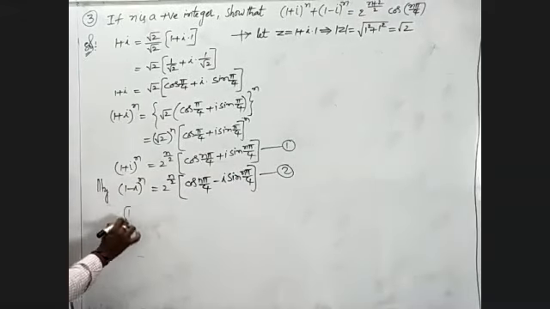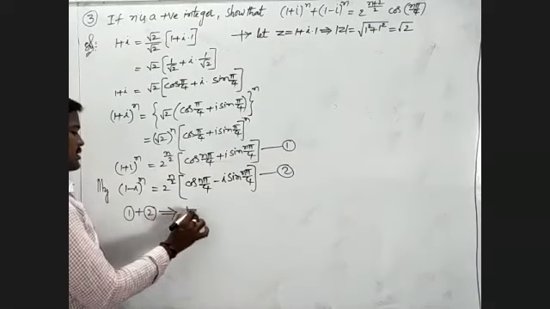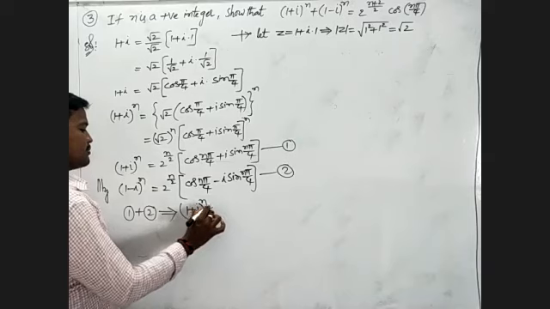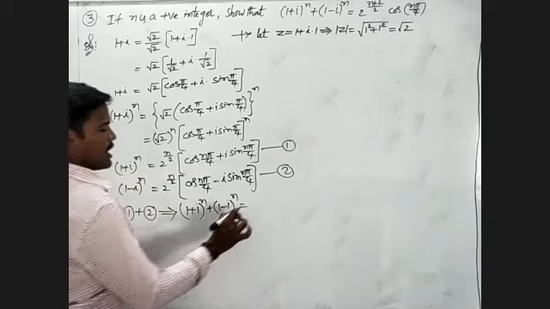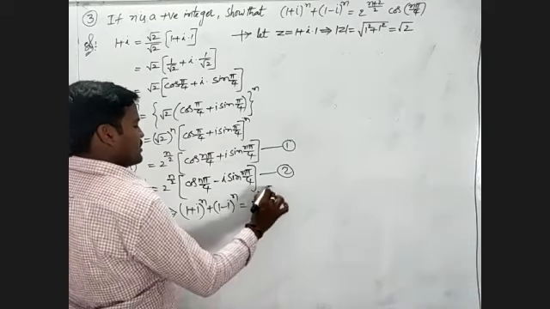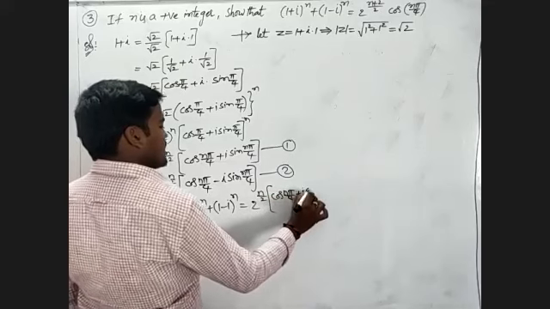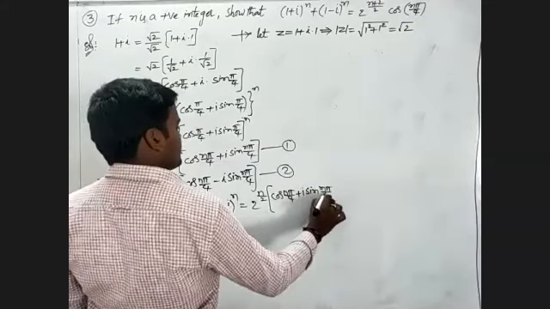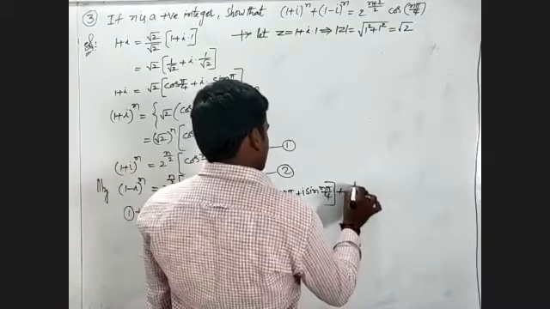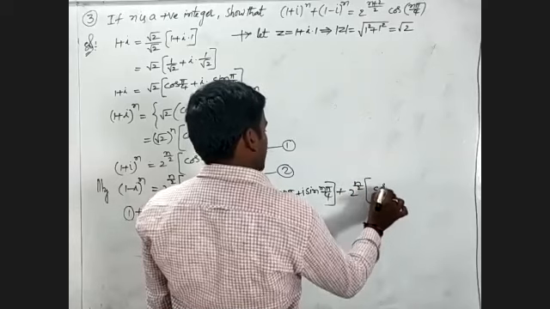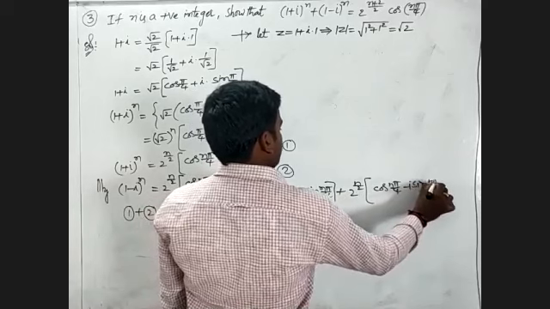Adding 1 and 2, that implies (1 plus i) whole power n plus (1 minus i) whole power n is equal to 2 power n by 2 into cos n pi by 4 plus i sin n pi by 4, plus 2 power n by 2 into cos n pi by 4 minus i sin n pi by 4.